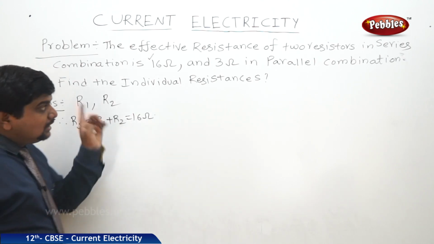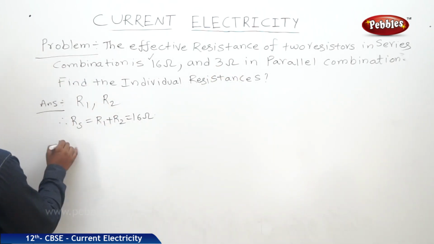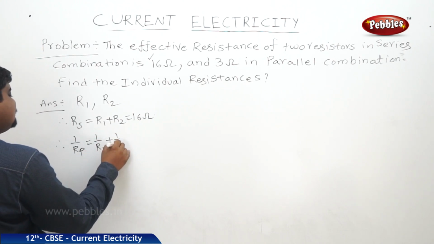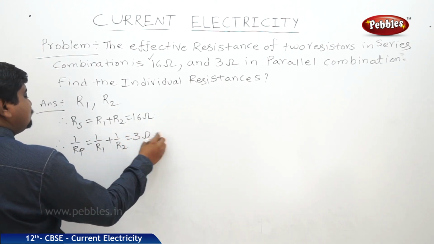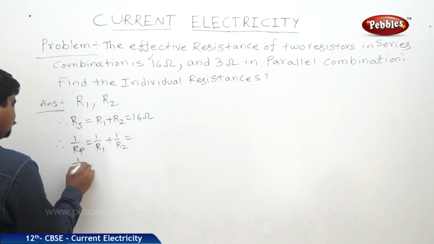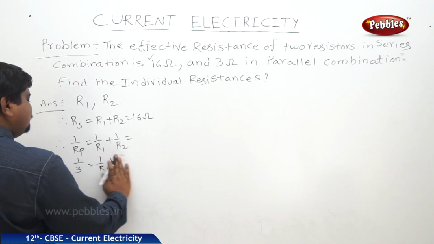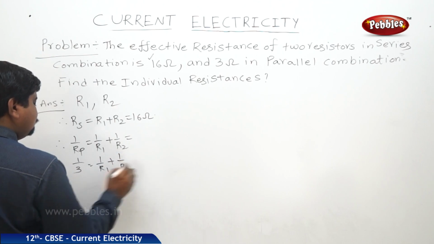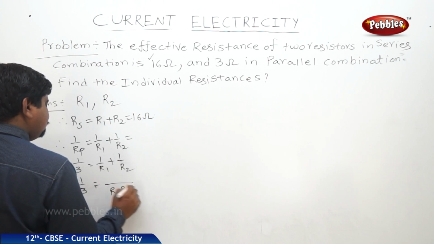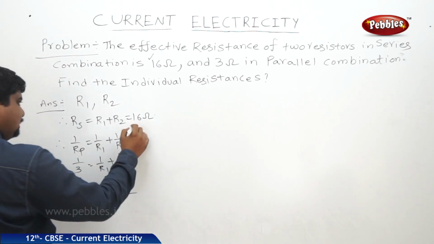Same R1 and R2 connected in parallel, its effective resistance is 3 ohms. Therefore, 1 by Rp is equal to 1 by R1 plus 1 by R2, and Rp is 3 ohms. So, 1 by 3 is equal to 1 by R1 plus 1 by R2. Therefore, 1 by 3 is equal to R1 plus R2 by R1 R2.